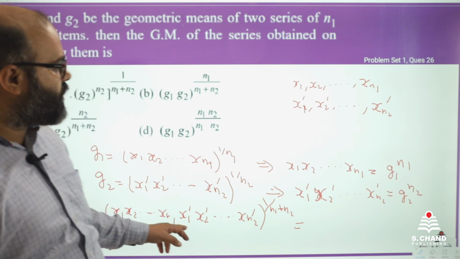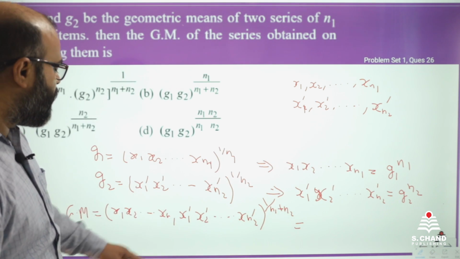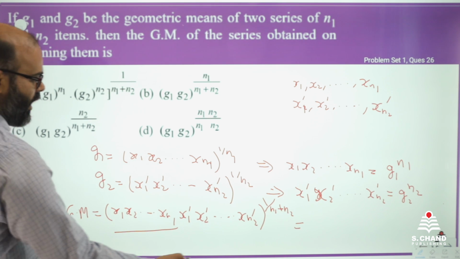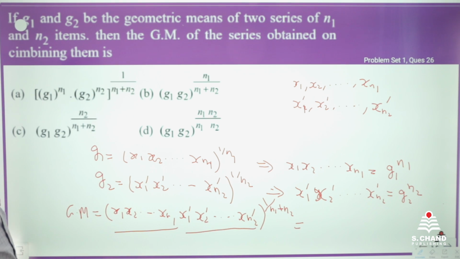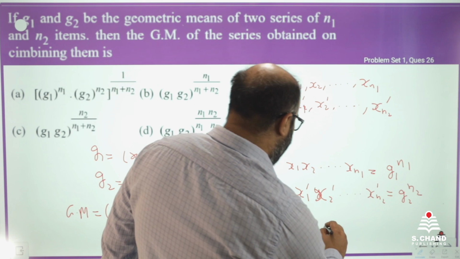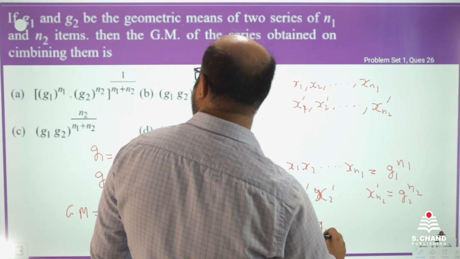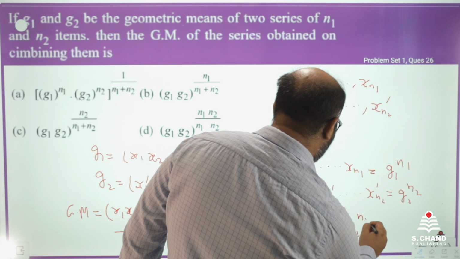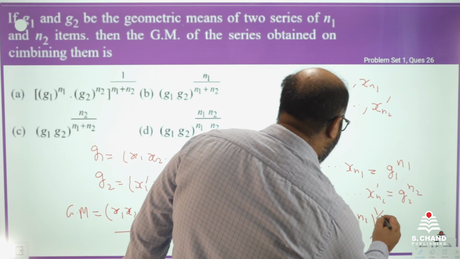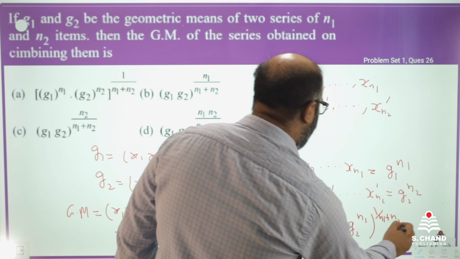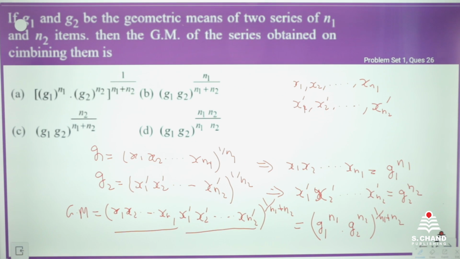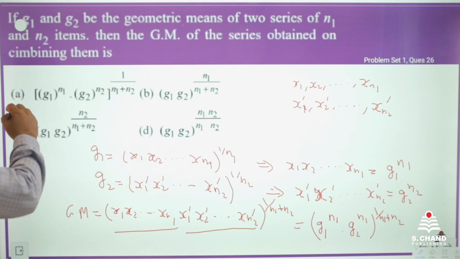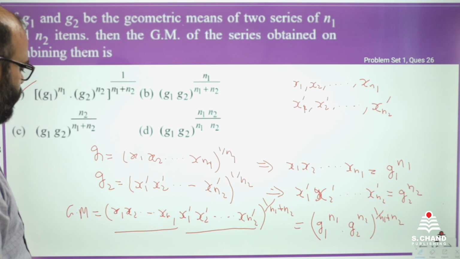The product of the first part is G1 to the power n1 and of the second part is G2 to the power n2. So we can write that it is G1 to the power n1 into G2 to the power n2, whole to the power 1 by n1 plus n2. Which option is the correct option? Of course, option A is the correct option.